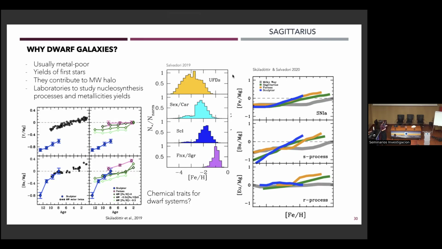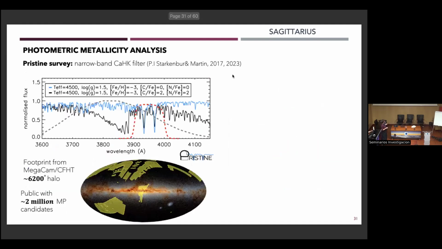So I started to study the Sagittarius system during my master thesis that I did under the supervision of Elsa Starkenburg, the PI of Pristine. And in fact, I had a photometric approach for studying this galaxy because Pristine is a narrowband survey that is targeting the most metal-poor stars in the Milky Way and around.